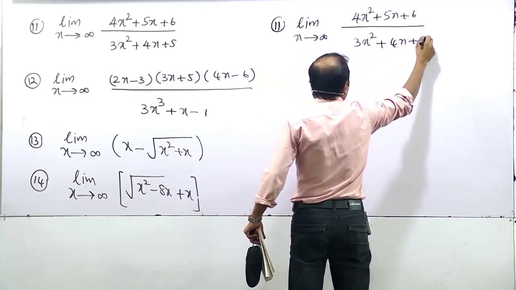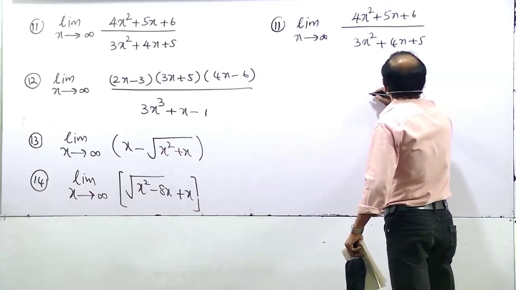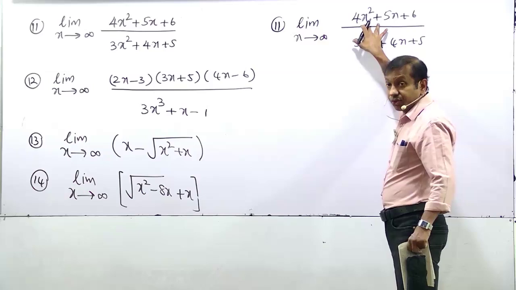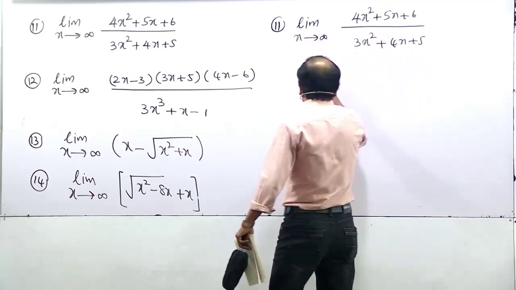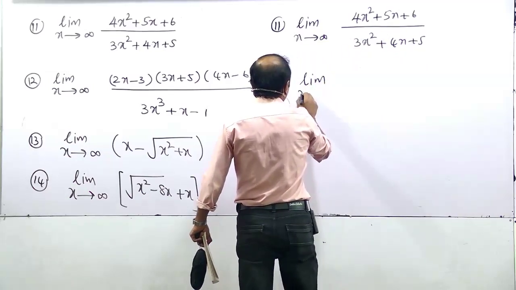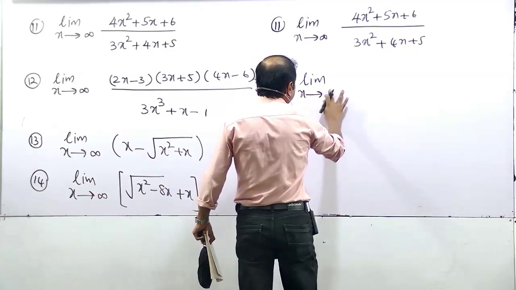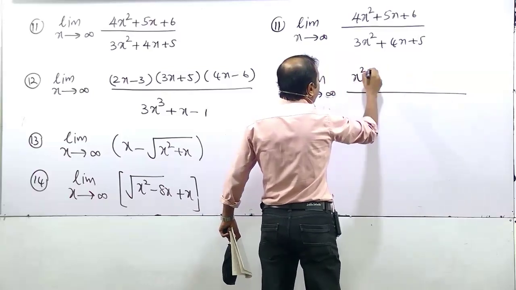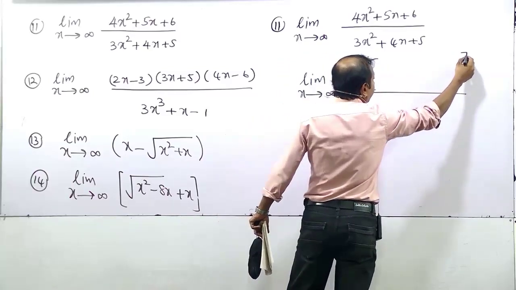Right. People, now tell me, what is the highest power in the numerator? x squared. Take x squared out. Tell me what are the terms inside the bracket we get?